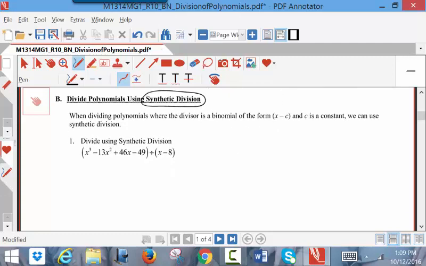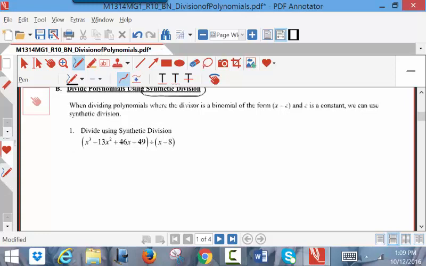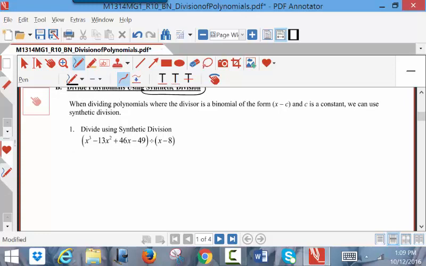So here we use synthetic division to divide. Well, I'm not going to do the long division with the bar and everything. I'm just going to do a different shortcut method. The shortcut method says to take the opposite of the sign in your divisor, which is like a negative 8, so put an 8 in the half box.